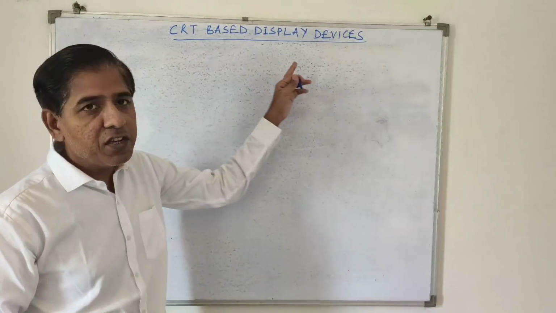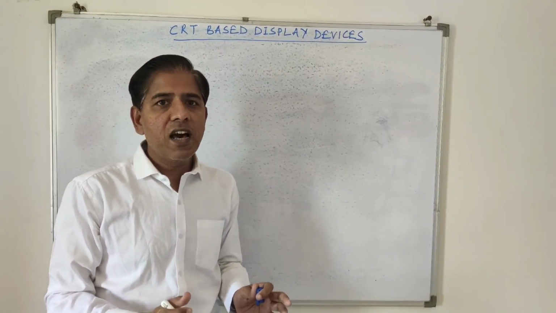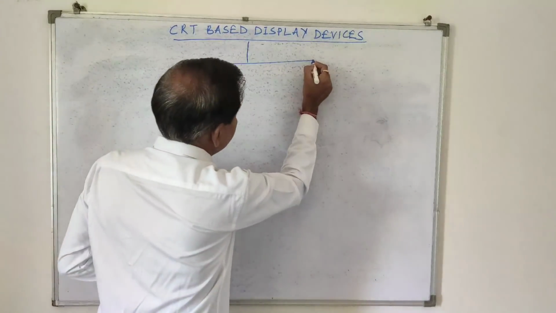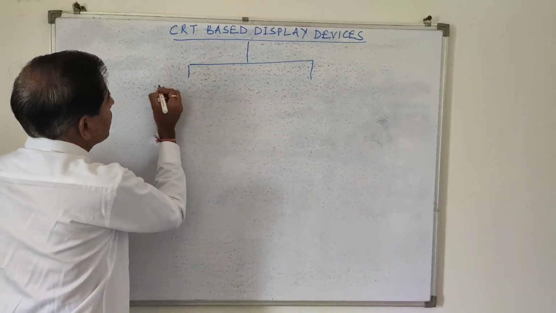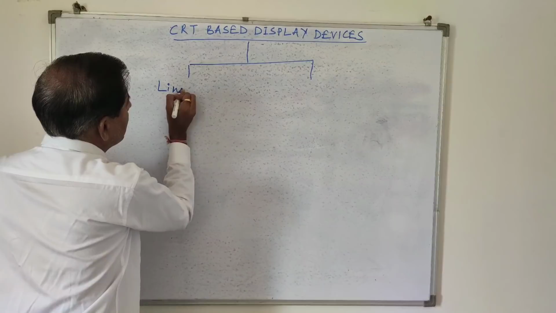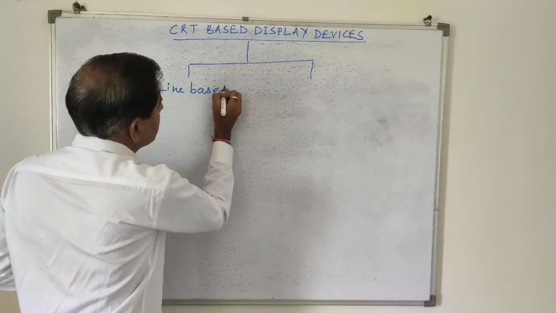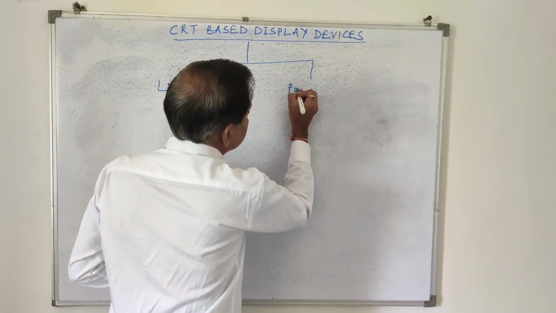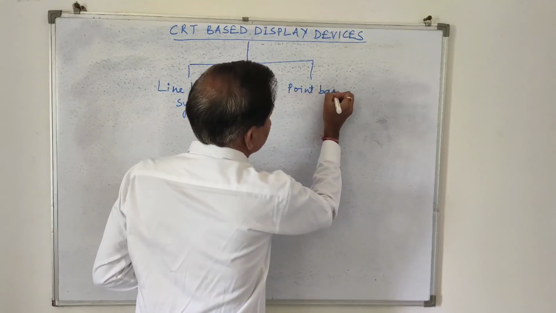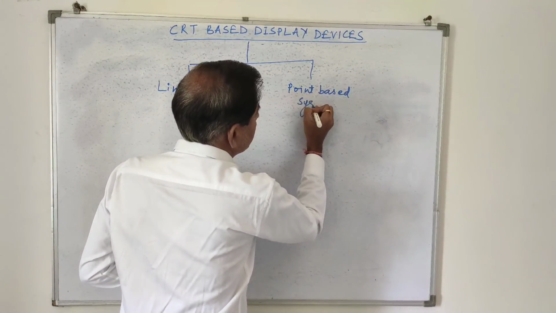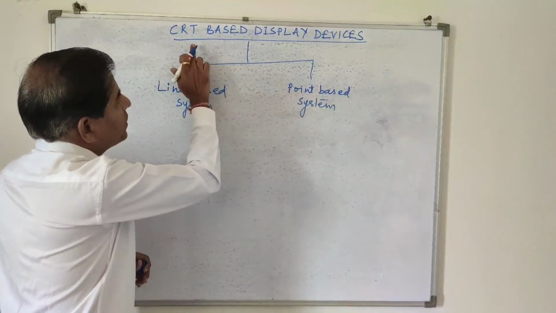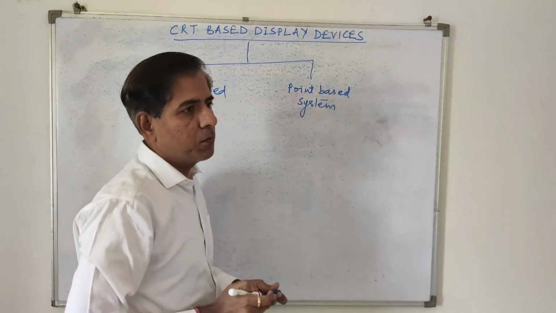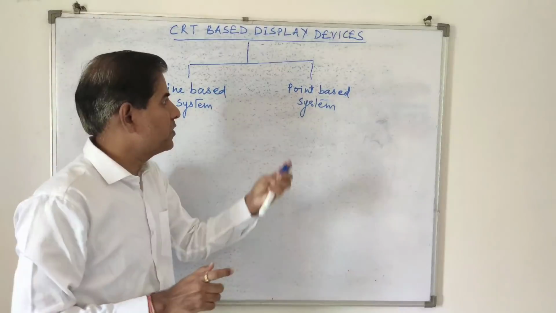If you see the classification of CRT based display devices, they are categorized into two categories: line based system and point based system. Now what are these line based systems and point based systems?